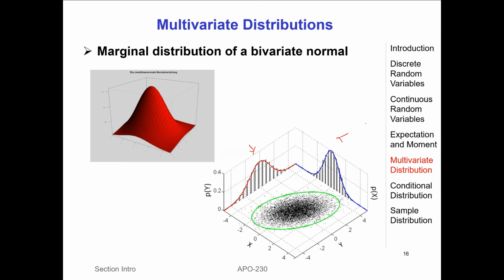All right, and they both have the bell shape, the famous bell-shaped curve of the normal distribution. So on this plane, the dotted represent the joint distribution of the two.